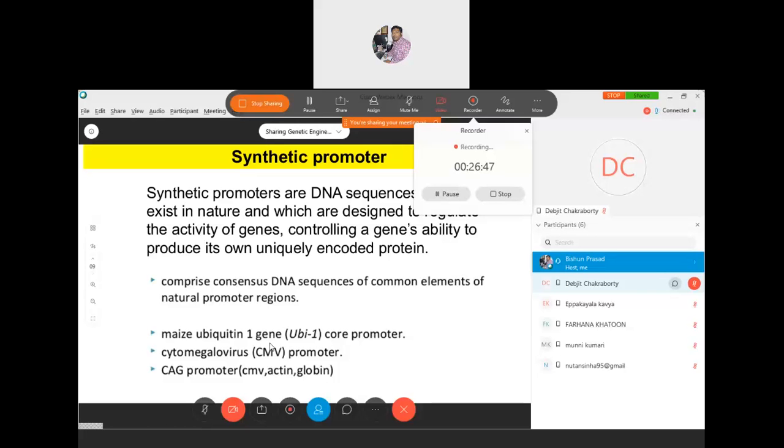Once the vector is ready, it can be mobilized to Agrobacterium. As we have discussed earlier, it acts as a vessel for genetic transformation, and then you can make the transgenic plant. We will discuss restriction endonucleases in detail, and also DNA ligases in detail.